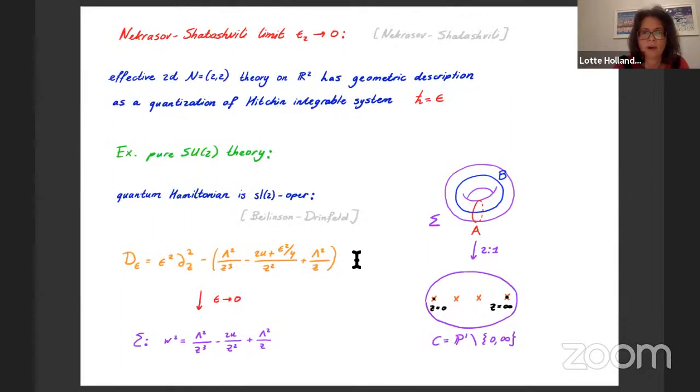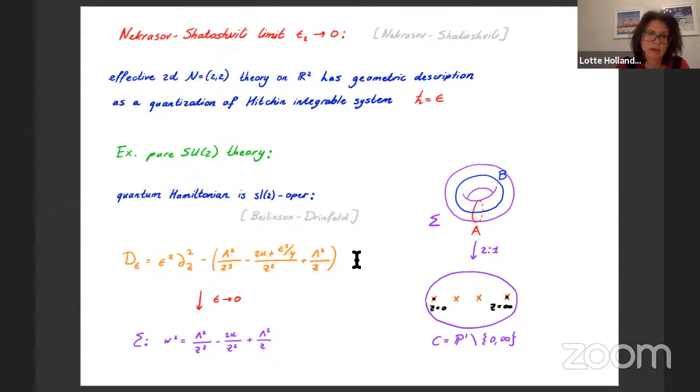Right. The other claim that Nekrasov and Shatashvili made is that this effective theory in 2 dimensions has a geometric description, in terms of a quantization of the Hitchin integrable system that we already saw in 4 dimensions, and the quantization parameter is proportional to epsilon.